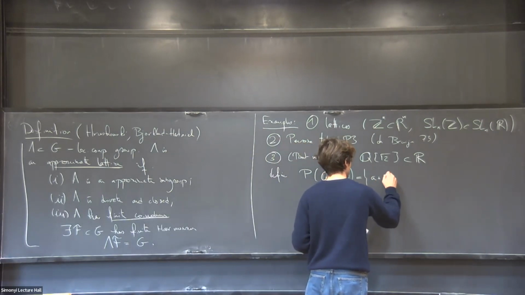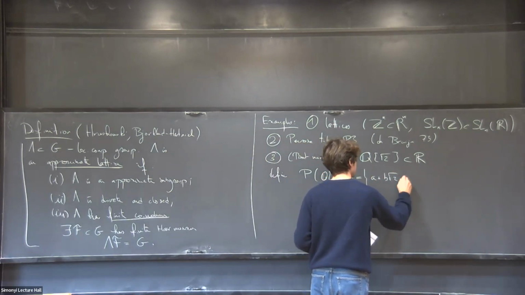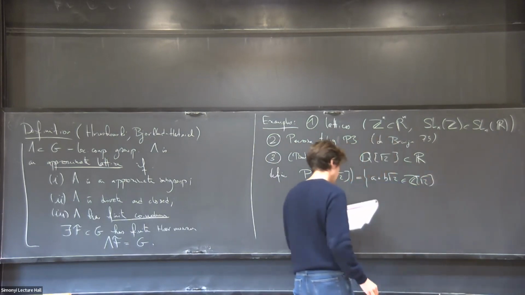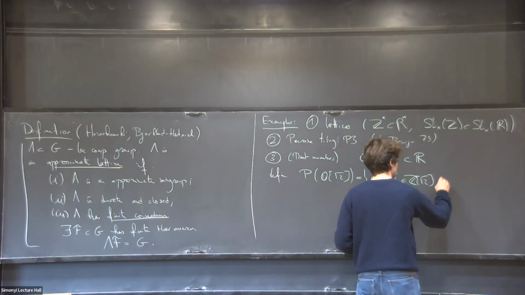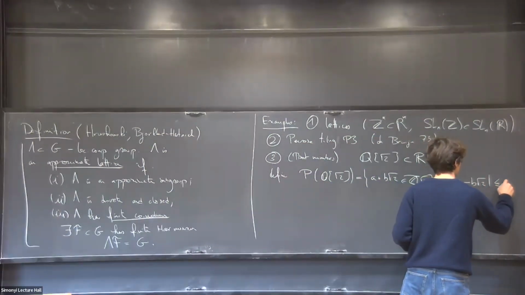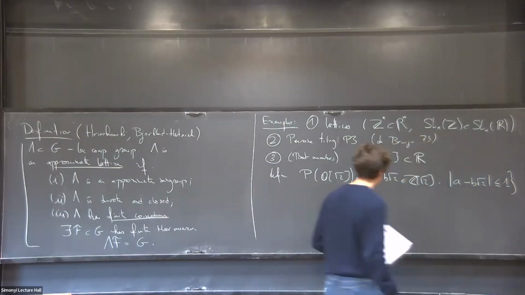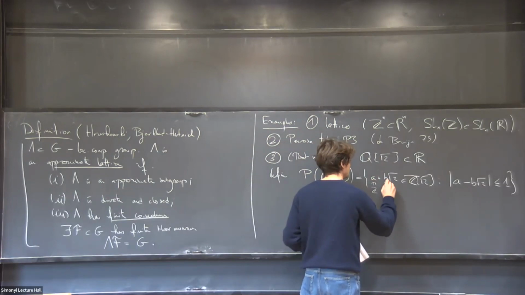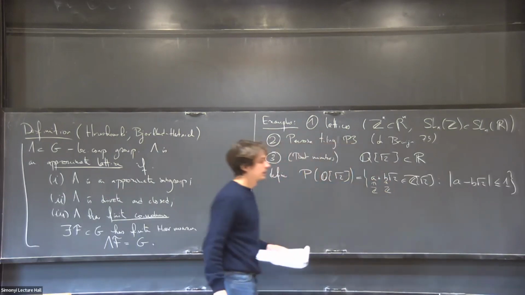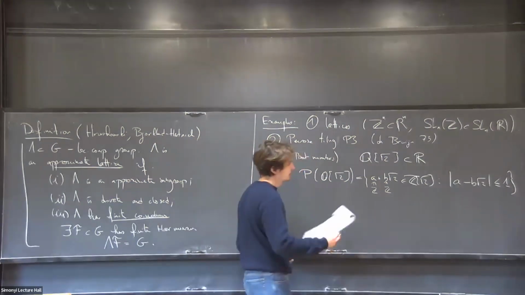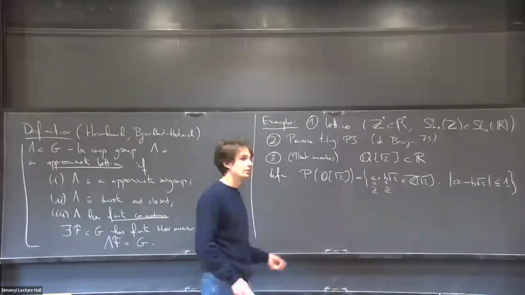A plus b square root of 2 such that |a minus b square root of 2| is smaller than 1, where implicitly I assume that a is in Z, b is in Z. So it's an algebraic integer such that its Galois conjugates have norm smaller than 1.